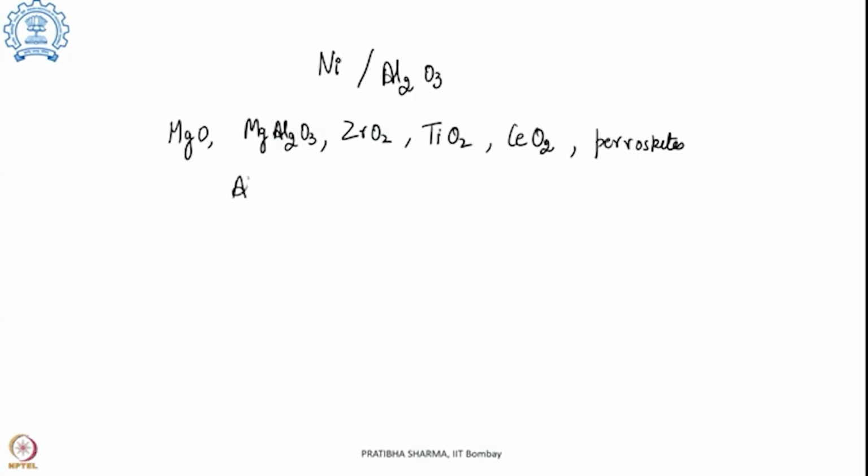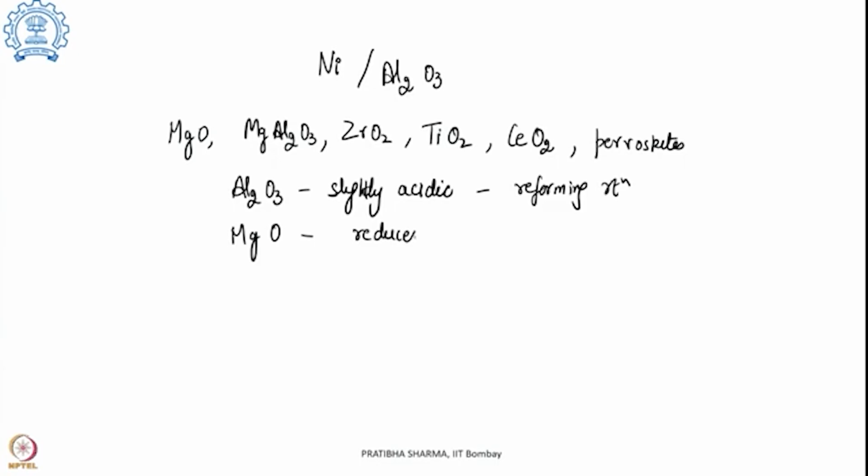Like alumina, it has a slightly acidic character, acidic in nature, and that helps in reforming, that promotes the reforming reaction. However, if we look at magnesium oxide, then this reduces coke formation, or it promotes the carbon gasification reaction.